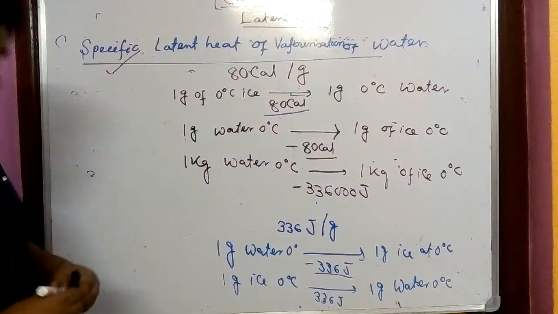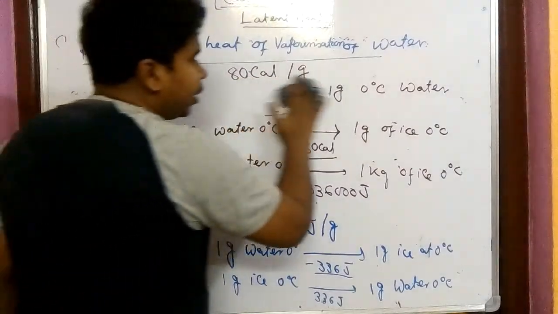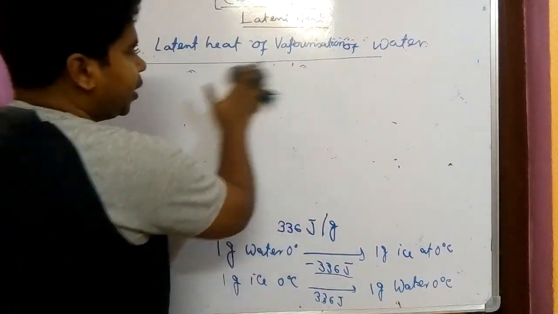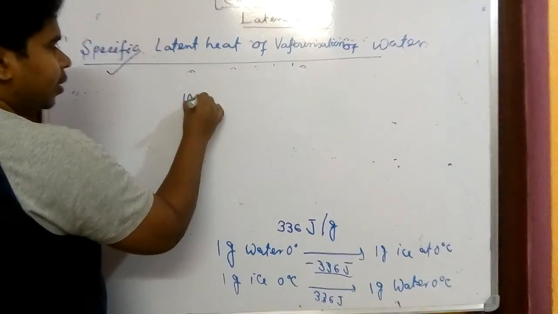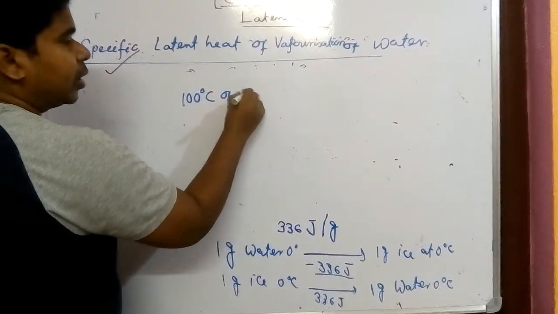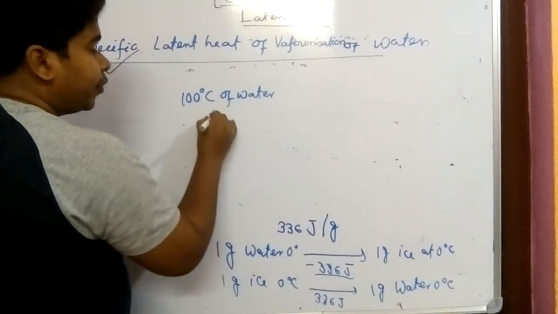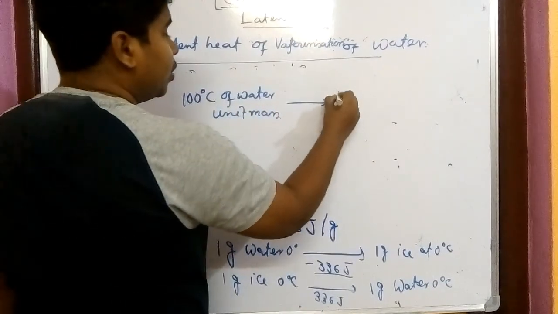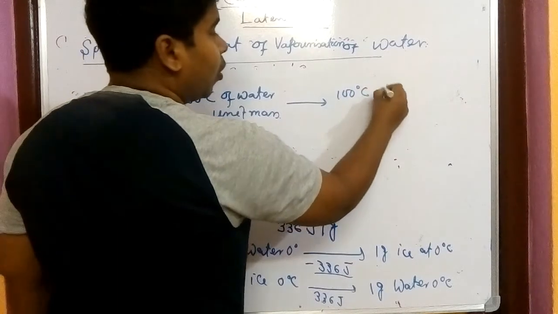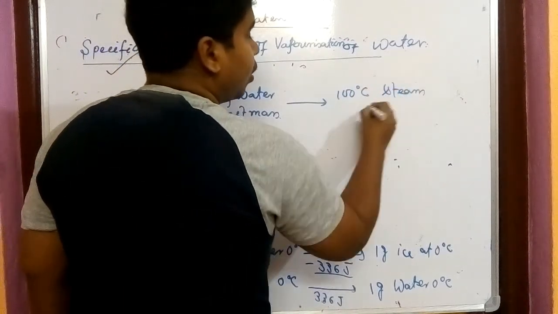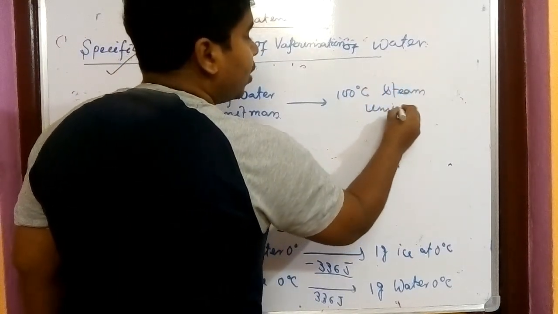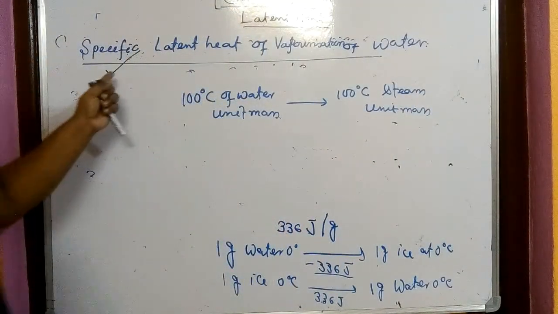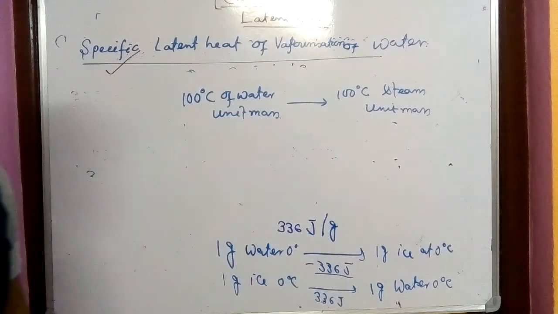That means when 100 degree centigrade water of unit mass converts into 100 degree centigrade steam of unit mass, how much extra heat energy is needed, that is known as specific latent heat of vaporization of water.